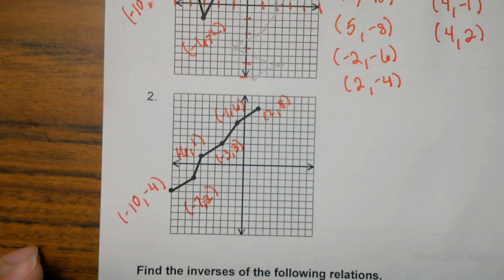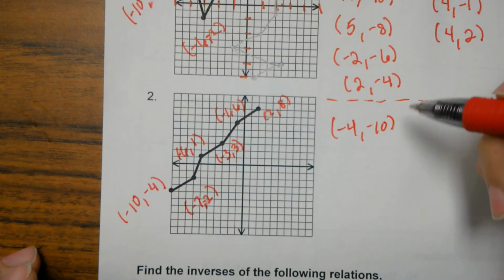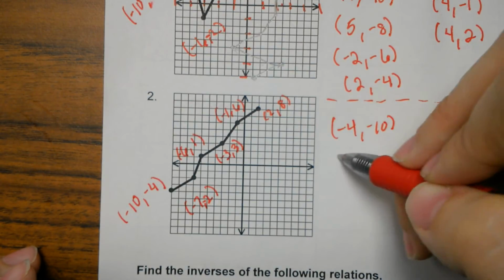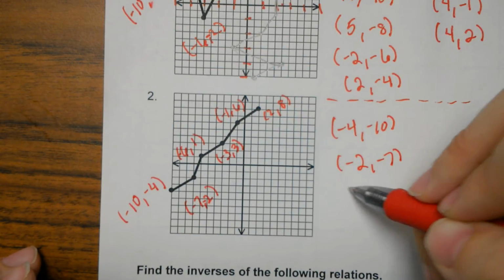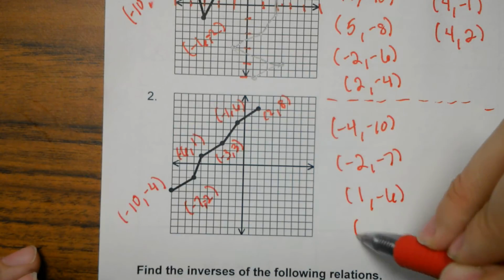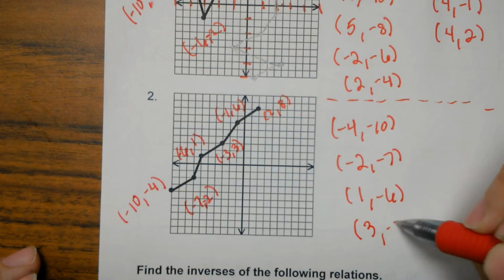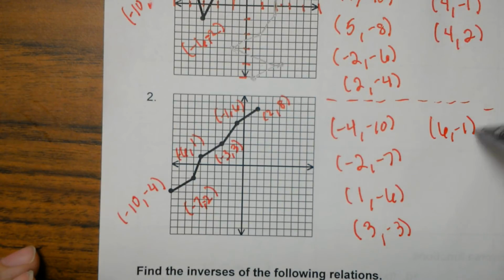So my inverse points: negative 4, negative 10, negative 2, negative 7, 1, negative 6, 3, negative 3, 6, negative 1, and 8, 2.